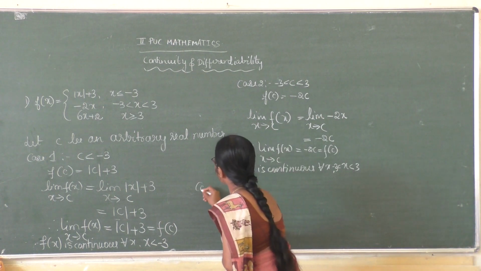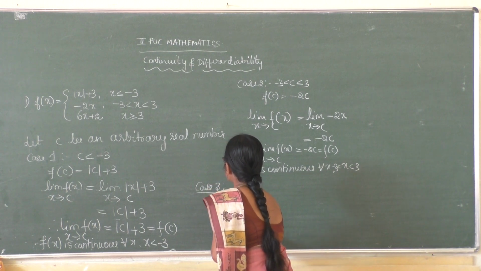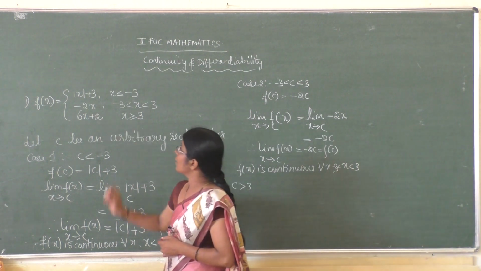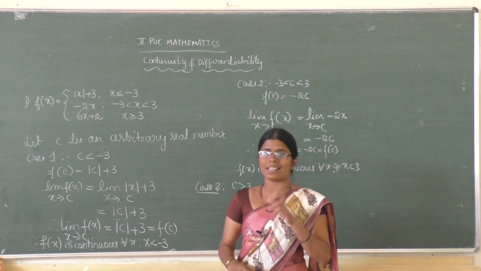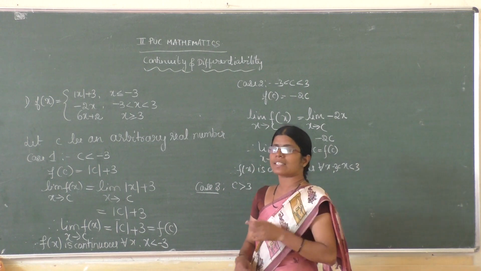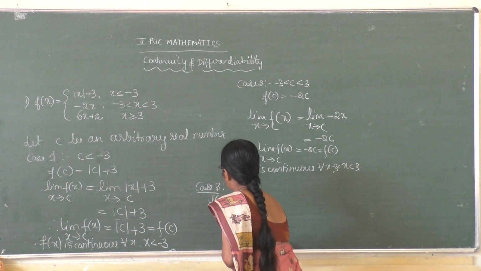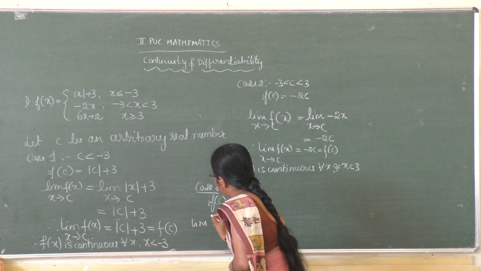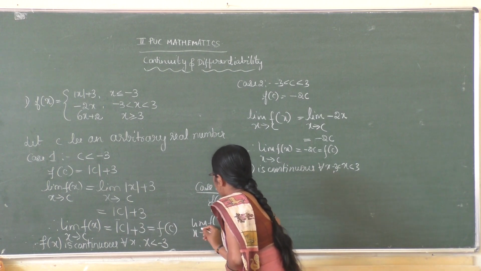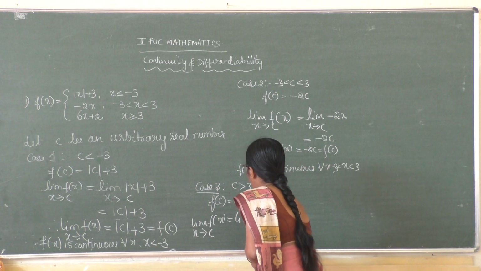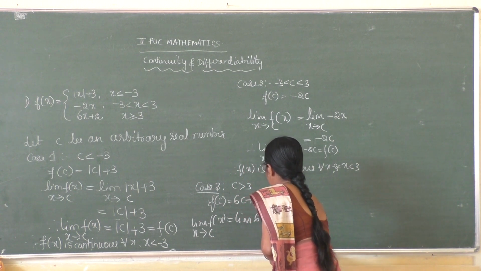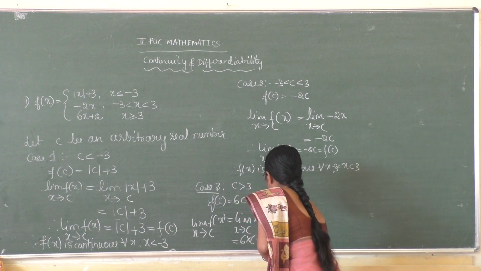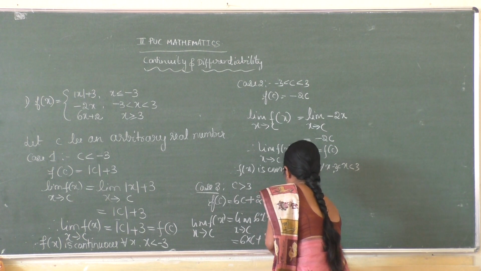Next, case 3, c greater than 3. When x is greater than 3, the function is 6x plus 2. So in the place of x you substitute c. So f of c equals 6c plus 2. Limit of f of x as x tends to c is equal to limit of 6x plus 2 as x tends to c, equal to 6 into c plus 2, equal to 6c plus 2.